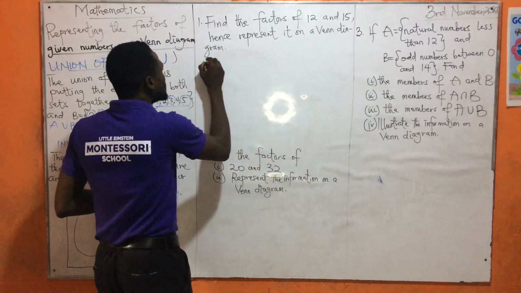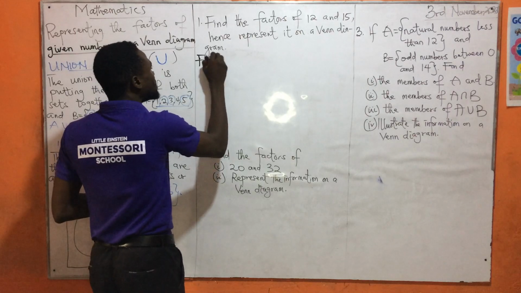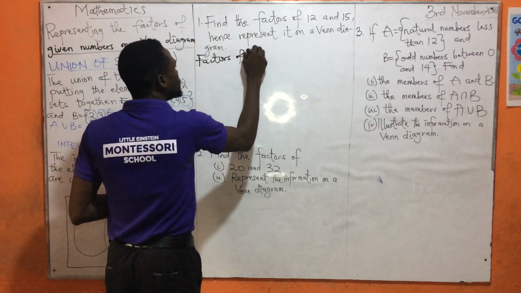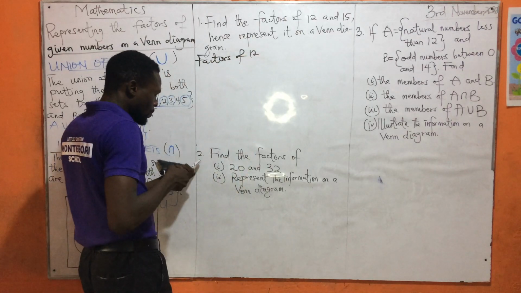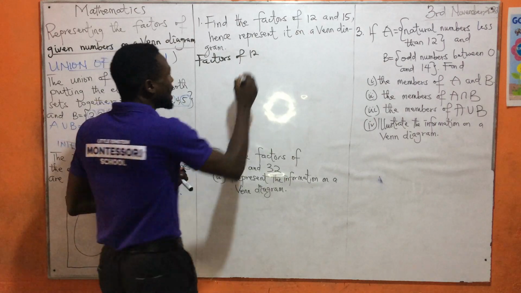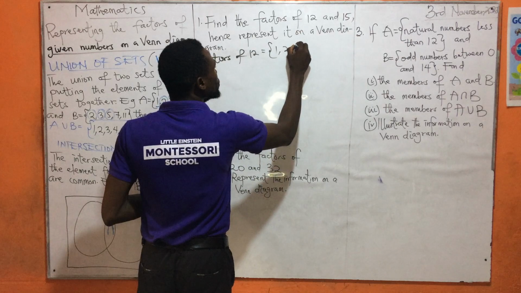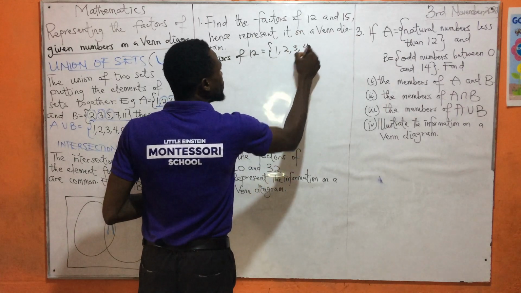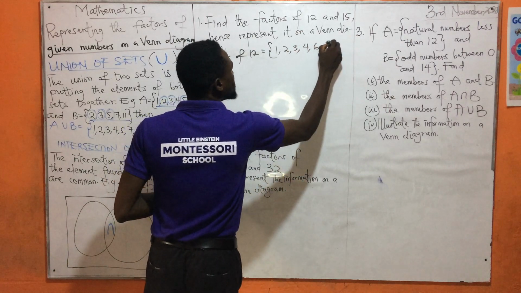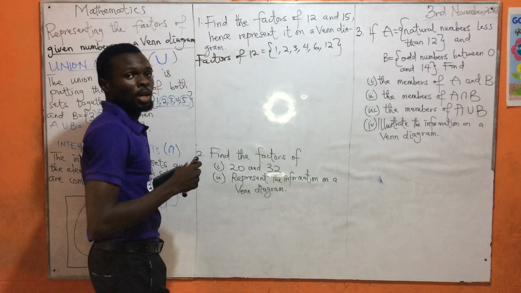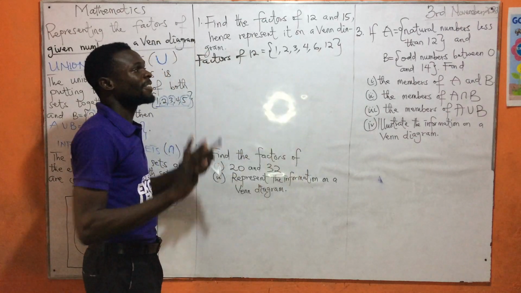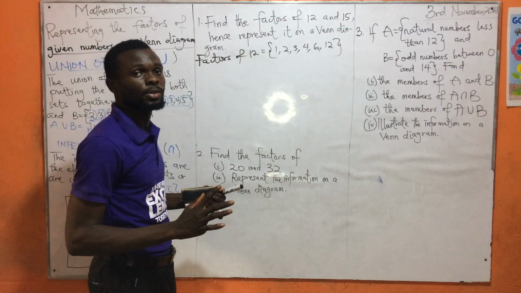So here, I'll just have to write factors of 12, which are 1, 2, 3, 4, 6, and 12. We have been able to list the factors of 12.